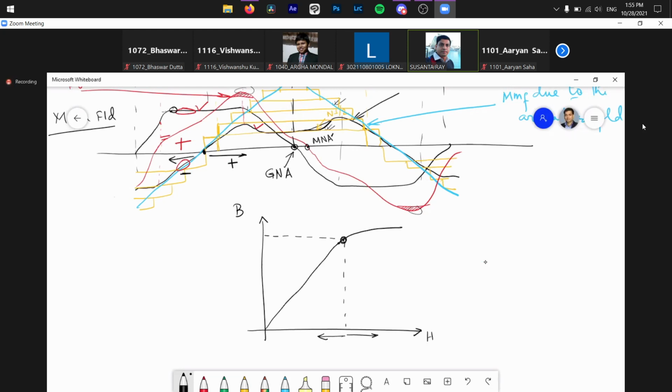Before this point, we have subtracted the MMF. বুঝতে পারছো আমি কি বলছি? আমি যদি দুটোর MMF ড্র করি, একটার MMF হচ্ছে এরকম আর আরেকটার MMF হচ্ছে এরকম, তাই না? এইটা হচ্ছে মেইন ফিল্ড MMF, this is the main, okay, and this is the armature.